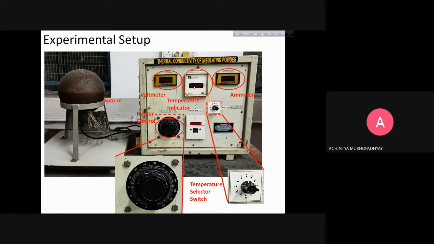So for a reasonable length of time, you can then say that it has reached a steady state value at this particular location. So you change the selector switch to a different position, and again allow some time and see that nothing is changing.